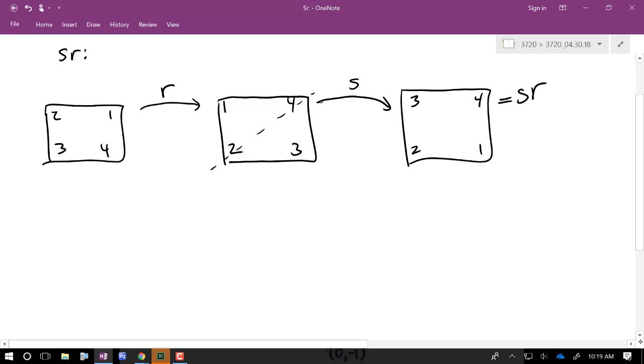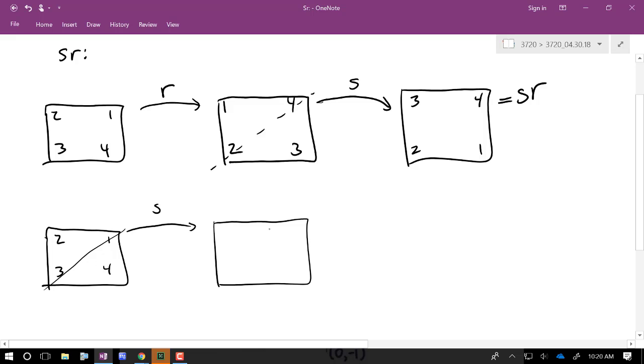Now let's do it in the other order. 1, 2, 3, 4. Let's do a flip first. That leaves 1 and 3 in their positions, but we flip the 4 and the 2. And now we'll rotate clockwise 90 degrees.